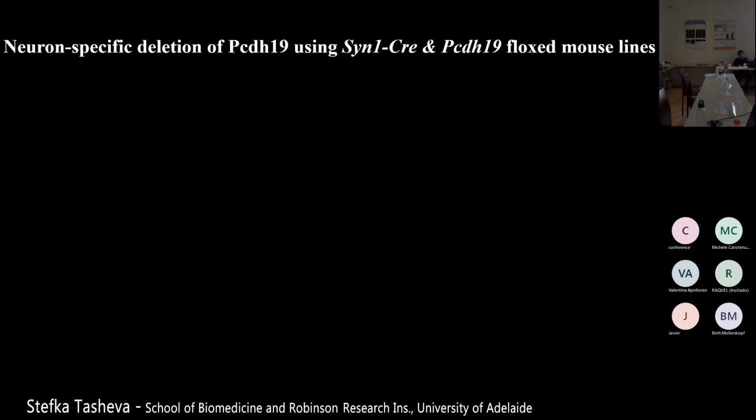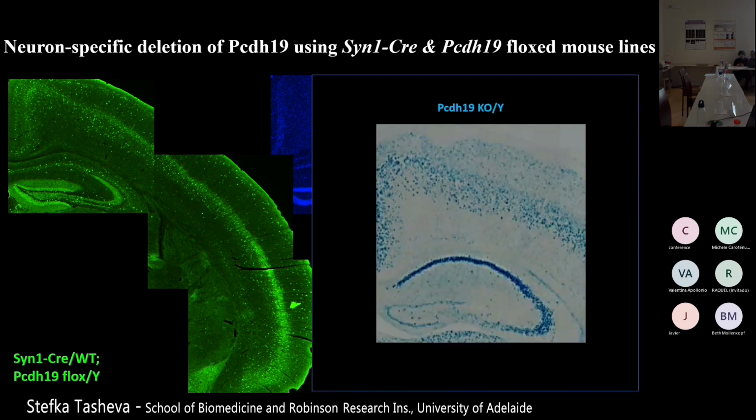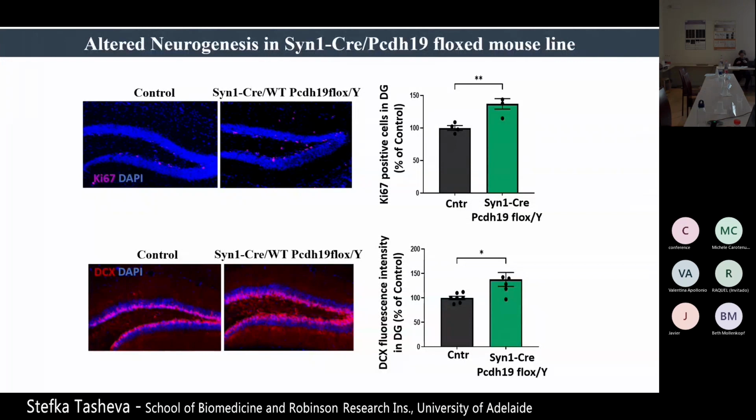Firstly, we tried this model to silence PCDH19 in all relevant neuronal cells by using the SYN1-Cre line. Here is the outcome at 3 weeks after birth. It's a pretty stable GFP expression, which demonstrates knocking out PCDH19 in the most relevant part of the brain. It is pretty similar to what we have seen in the previously established PCDH19 knockout mouse model. And we found that silencing PCDH19 in the neuronal cells accelerates the neurogenesis.